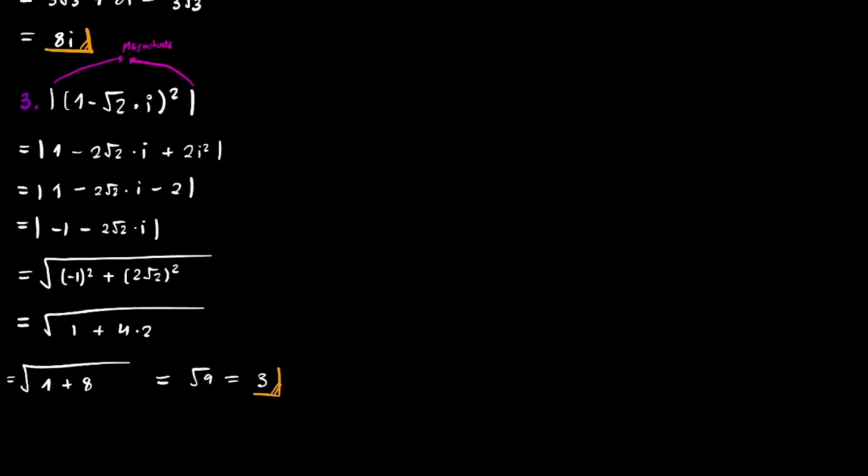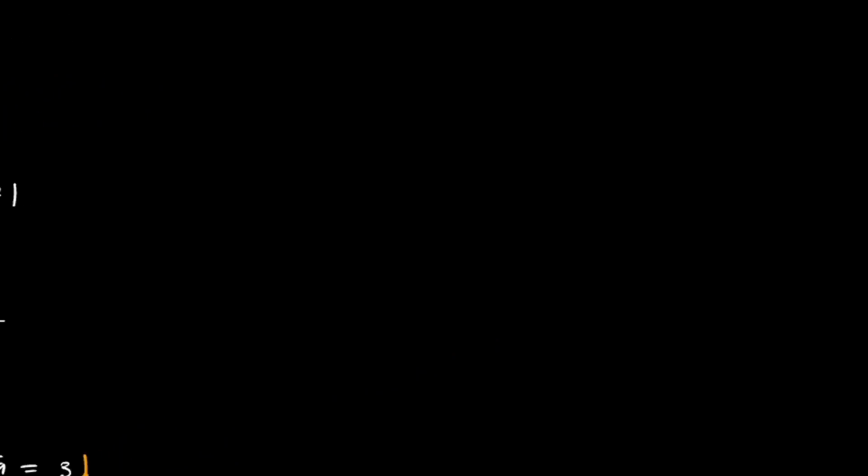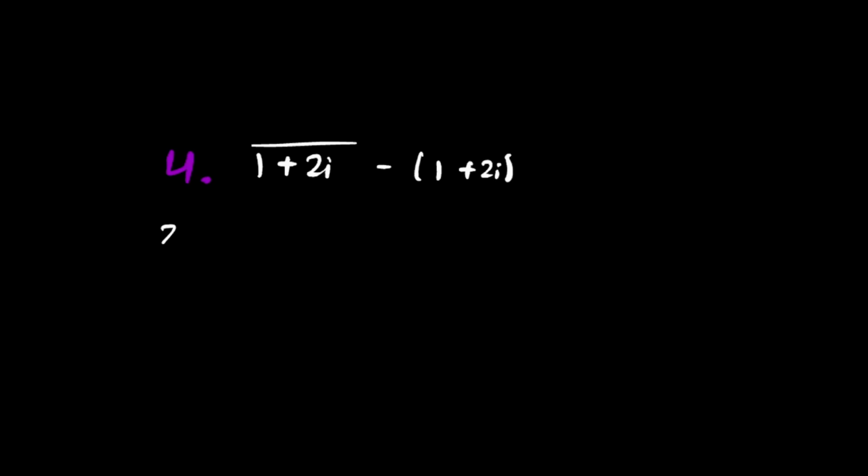Now let's do the last exercise here. Oh man, this is tiring. Okay, 1 plus 2i, and then the complex conjugate of that, minus 1 plus 2i. How you find that is quite simple.